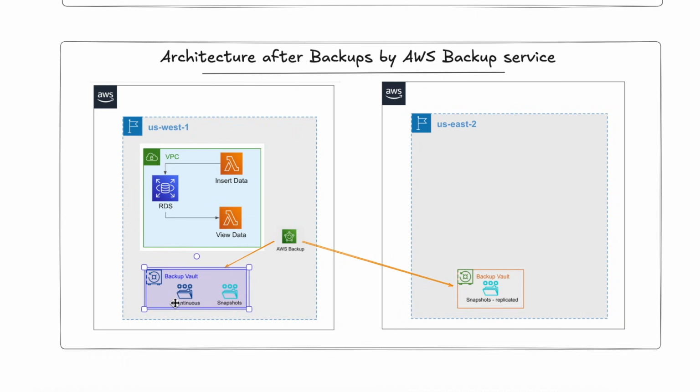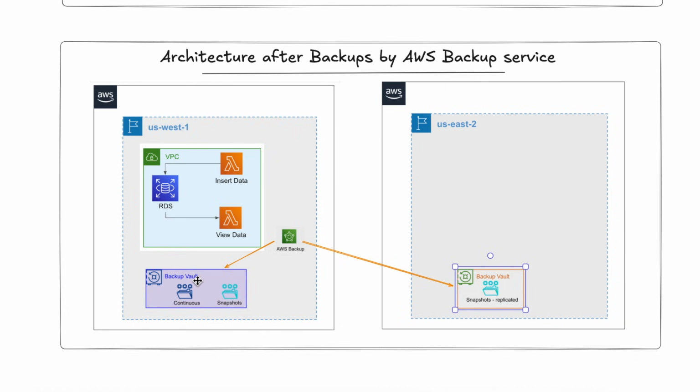This backup vault contains the continuous or the PITR snapshots, as well as the snapshots or the on-demand backup, which has been copied over to the secondary vault in our US East 2 region. So at this point, we do have cross-region protection, but only for snapshots or on-demand type of backups. The continuous PITR backups are still stuck in the primary region.